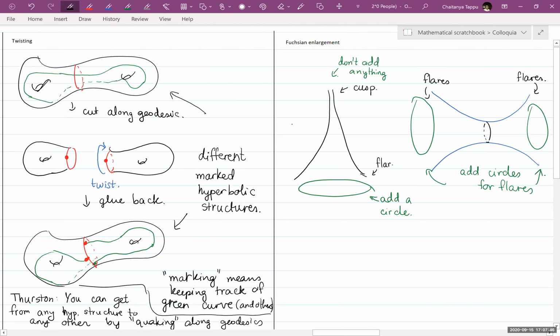So if this M was my hyperbolic surface, then its Fuchsian enlargement is, topologically, just the cusp along with this circle, which is a surface with a boundary.